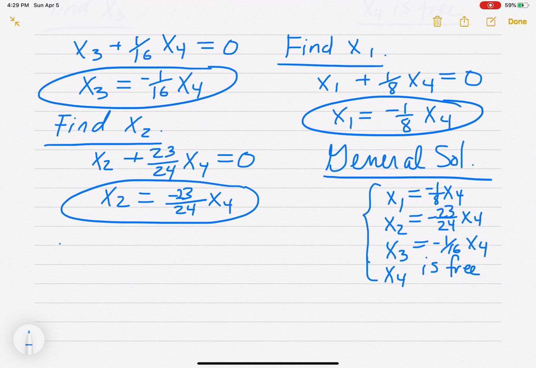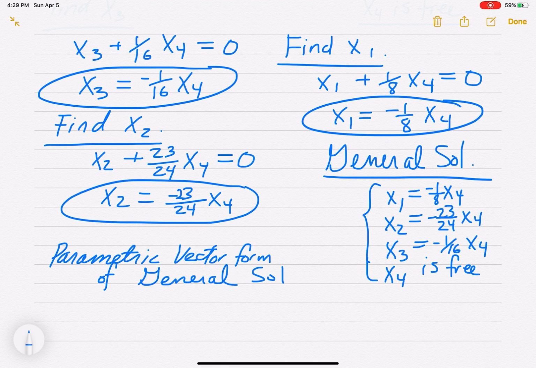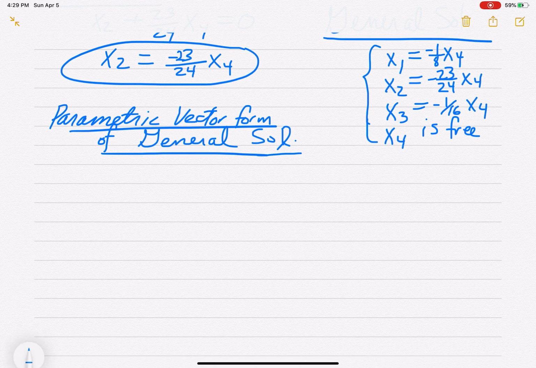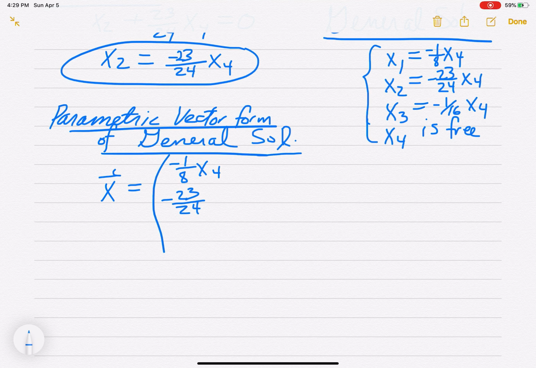So we're now going to write the parametric vector form of the general solution. Okay, so here we're going to have a vector x. It has 4 entries, x1, x2, x3, x4. The first entry is negative 1/8 x4, the second entry is negative 23 over 24 x4, next entry is minus 1/16 x4, and x4 is going to be itself, it's free.